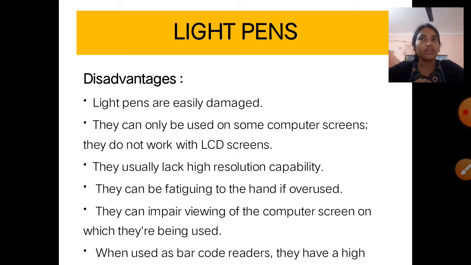They can be fatiguing to the hand if overused. They can impair viewing of the computer screen on which they are being used. When used as a barcode reader, they have a high error rate. So these are the disadvantages of light pen. Okay.